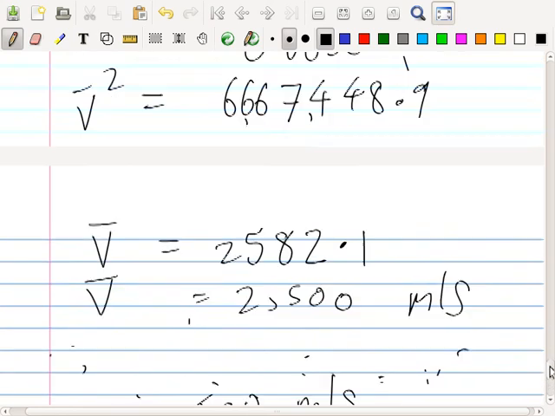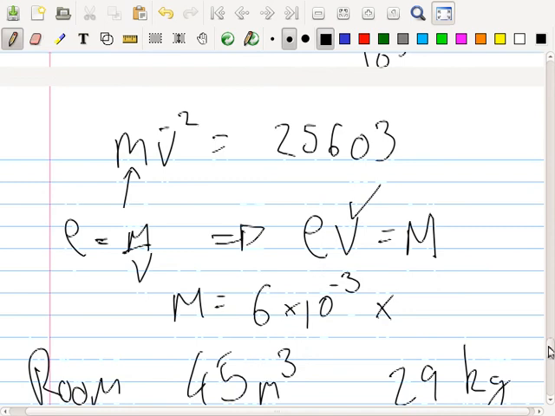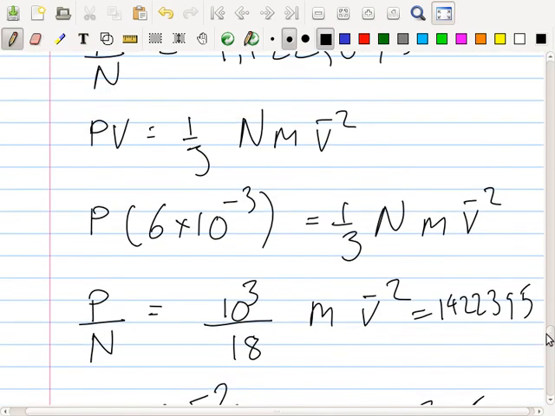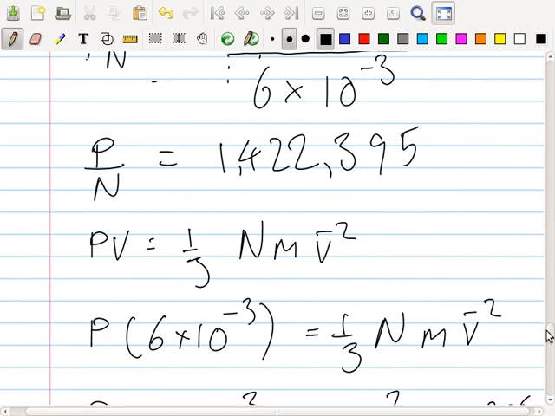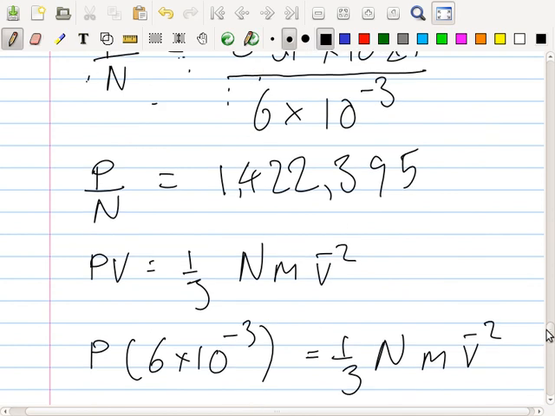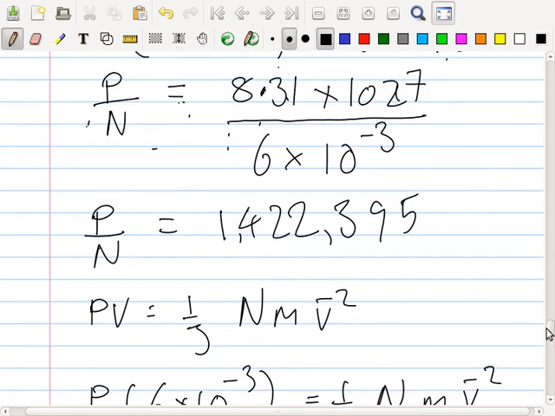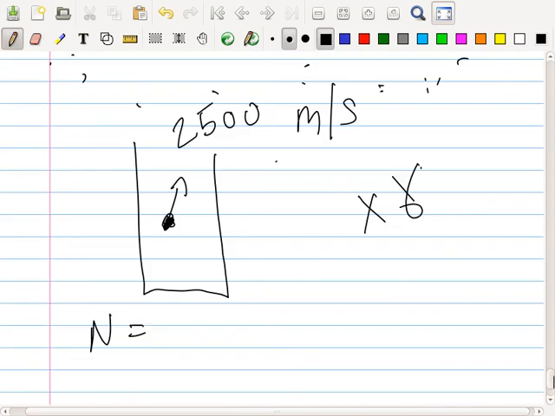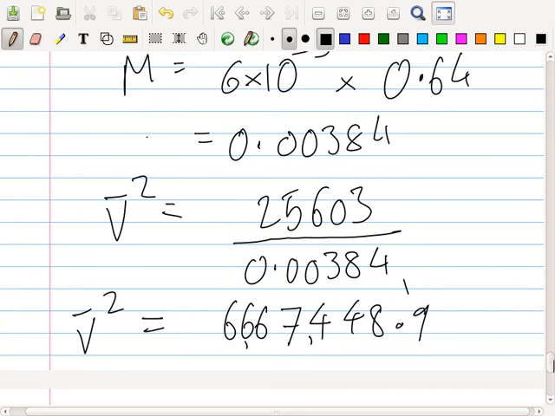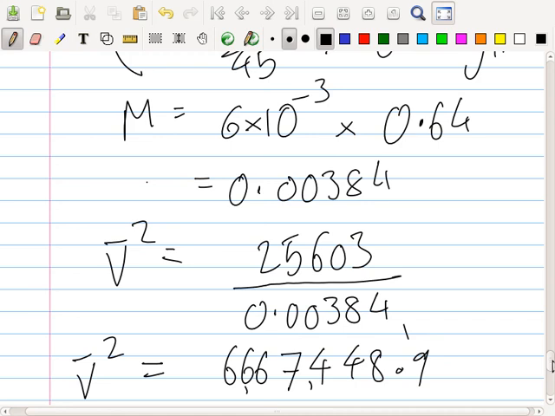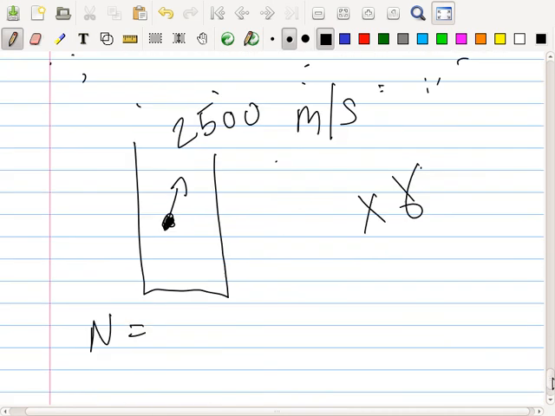What's the closest thing I have for n? I have P over N, but I don't know the P. Well, actually, no, hang on, I have the mass. What did I say the mass was? 0.00384. So 3.84 grams.